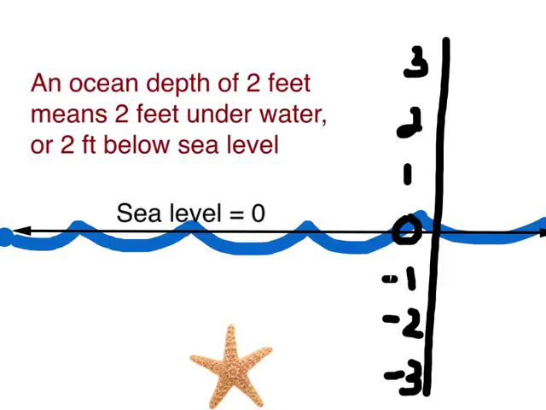If I want to show a value of 2 feet below sea level, I would start at sea level and jump down to 2 feet. And this is where I would plot my point.